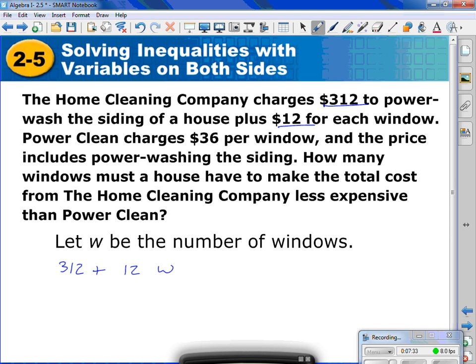We want it to be less expensive, so less than 36W, because it's $36 per window. The other company just charges $36 per window, so it doesn't matter if you have 100 windows or 2 windows in your house. This company says we charge you $12 per window, and then it's $312 to clean the house.